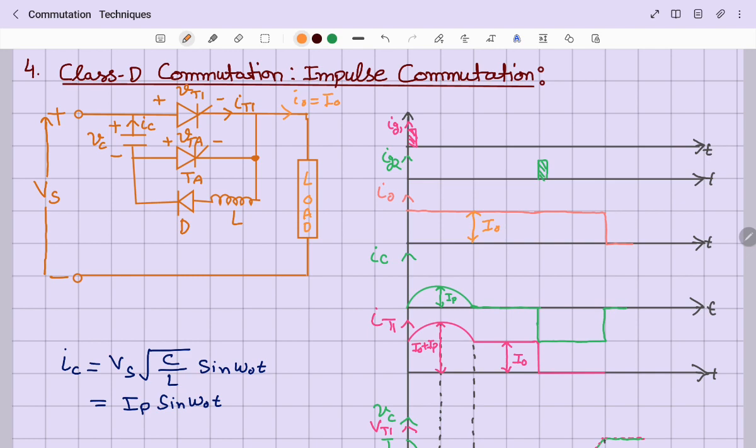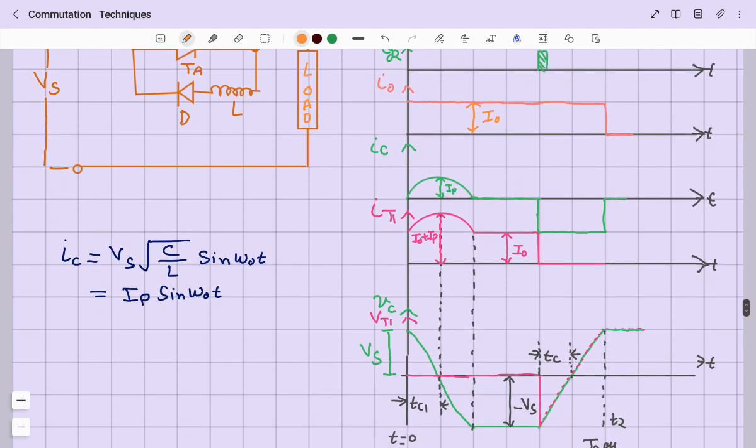And along with this, thyristor T1 also carries a resonant current which is impulsive in nature, meaning for half of the cycle, until the capacitor lower plate is positive and upper plate negative, it will flow through thyristor T1. So the current flowing through thyristor T1 is I0 plus IP, where IP is the peak of this impulse current.